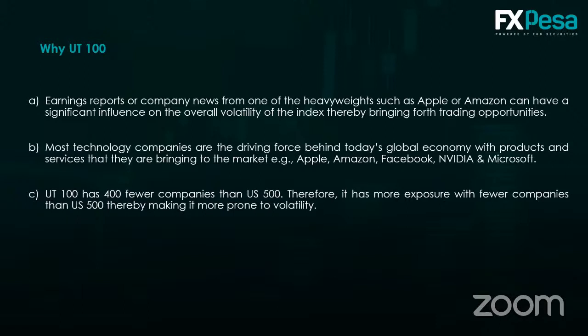So given that it has fewer constituents, or the companies constituting that index, as compared to S&P 500, then you'd expect for this index to have a bit more volatility.